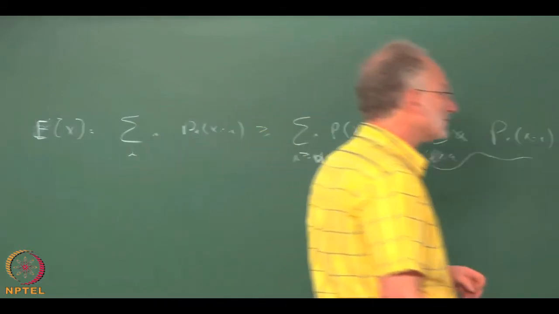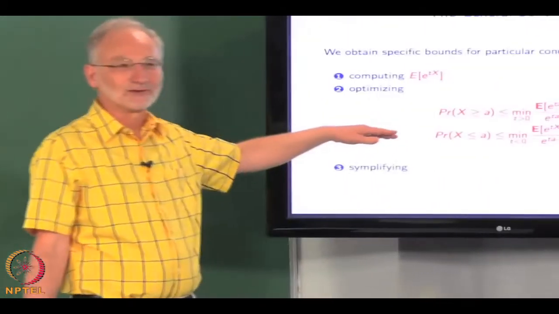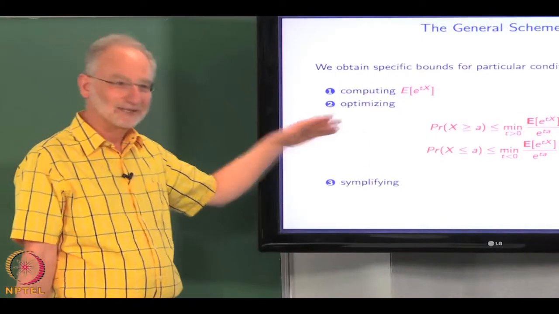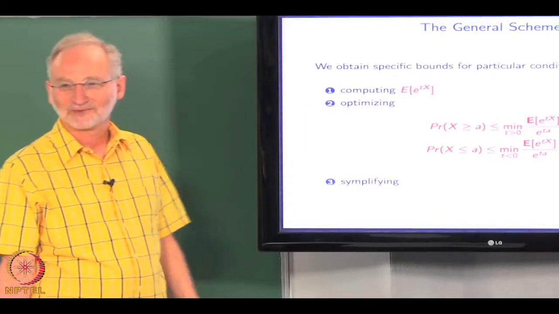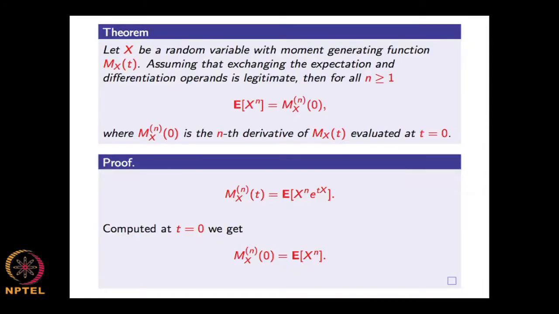If you give me the whole distribution, I'll give you much, much stronger bounds, and I'll show you in a second how strong they are. Just to remind you, the moment generating function is the expectation of e to the tx. The reason we call it the moment generating function is that encoded in the function are all the moments of the random variable.